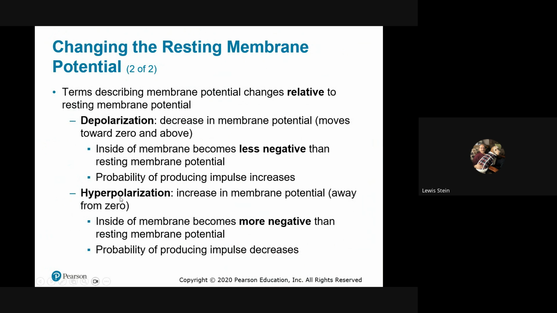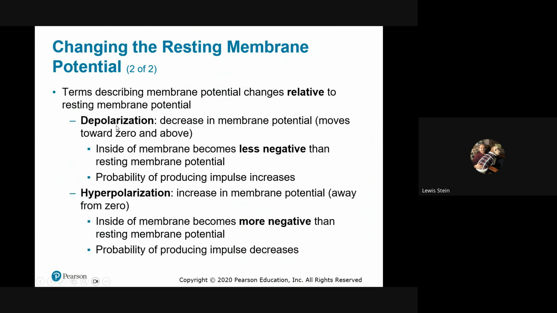Hyperpolarization. If it's polarized, there's a gap between positive and negative. If we hyperpolarize it, we increase the gap. This is done by making the interior along the membrane more negative. So it's not minus 70, it's minus 75, it's minus 80, whatever the number is, arbitrary. So it makes the probability of producing that impulse or that action potential much less likely.